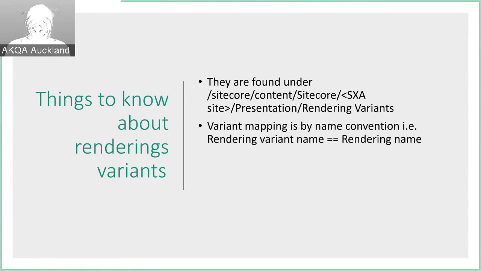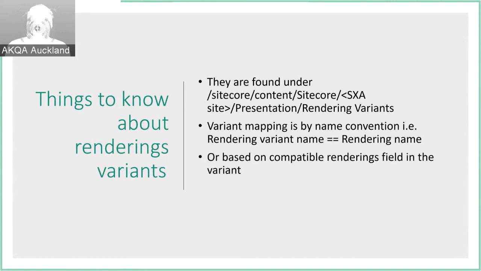From the rendering variant, we can map to another rendering if we want, using this compatible renderings field. A particular rendering variant might serve two renderings, or even more renderings as well.